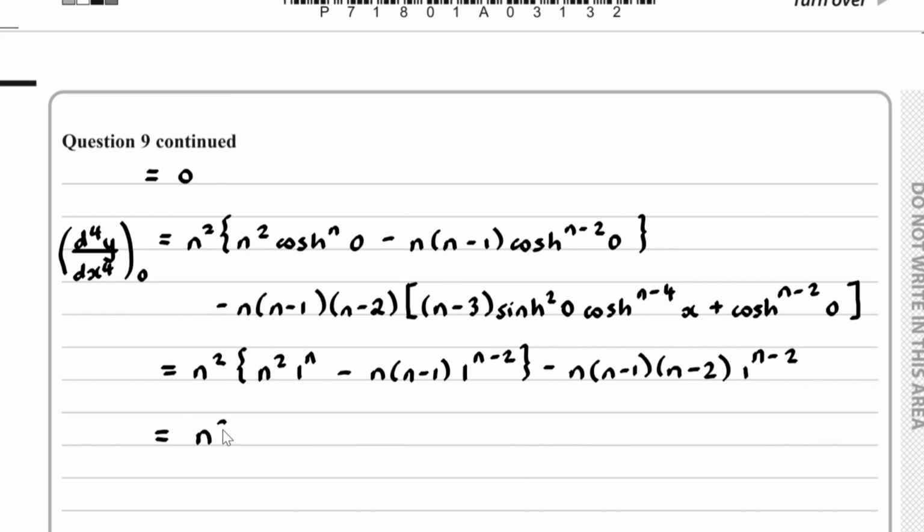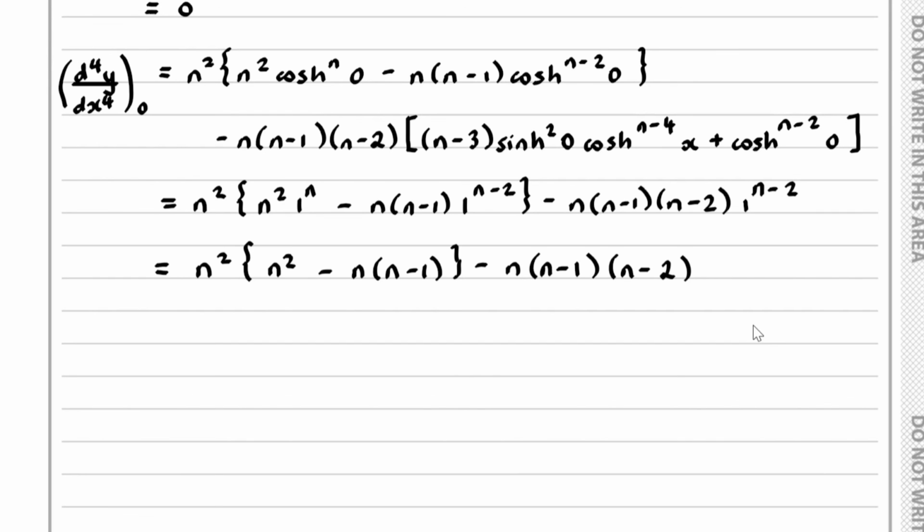So I have n squared multiplied by (n squared minus n times (n minus 1)), subtract n times (n minus 1) times (n minus 2).